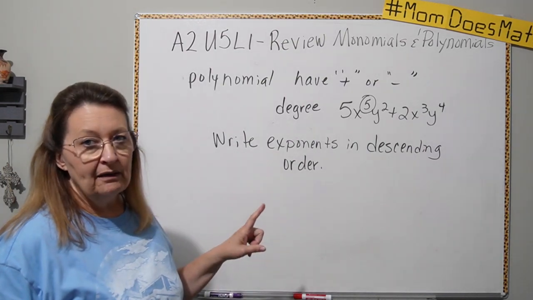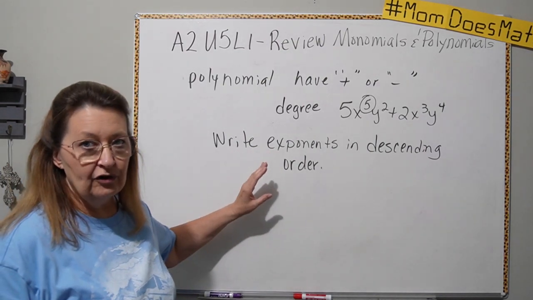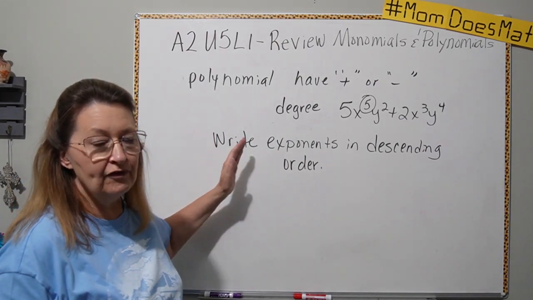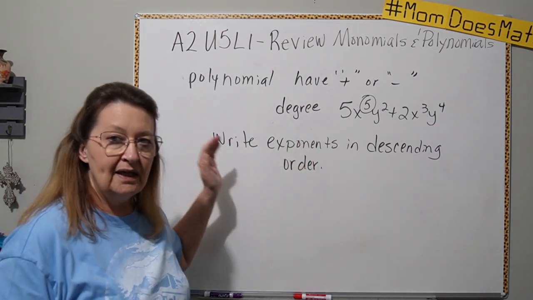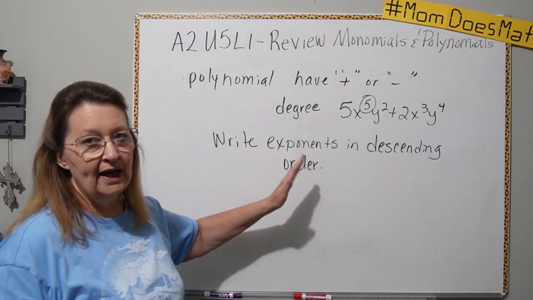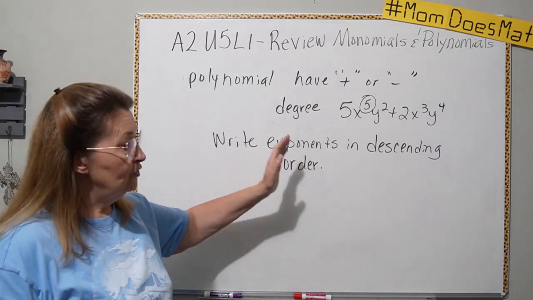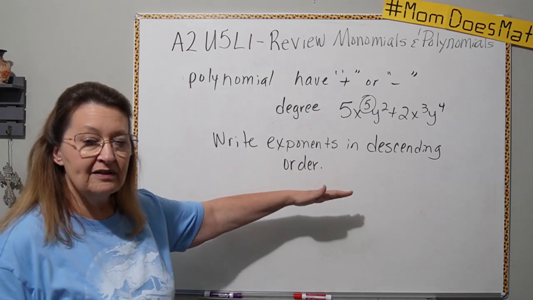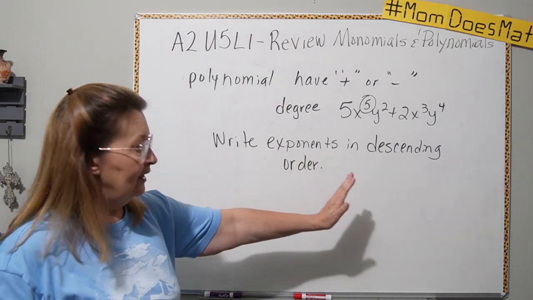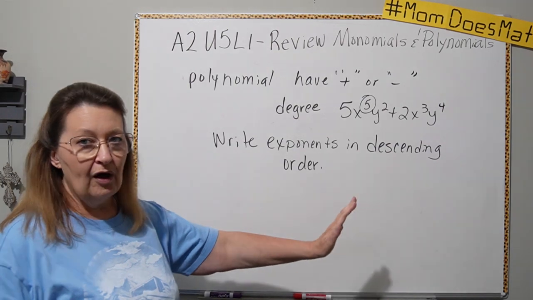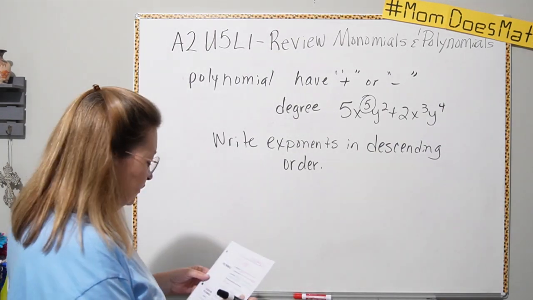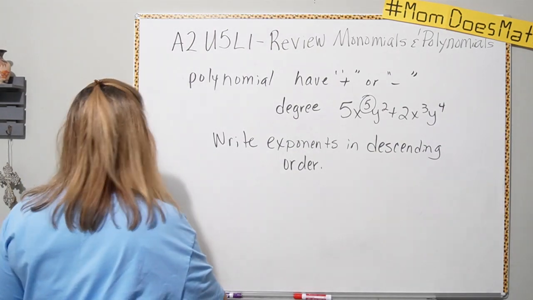You go alphabetically. So let's say you find x first, and then you're going to list all of the terms that have an x in descending order according to the exponent of x. If you have more terms left over, you go to the next letter. So that would be y, and continue on for y, and you do that through the whole alphabet, okay? So let's look at some examples.